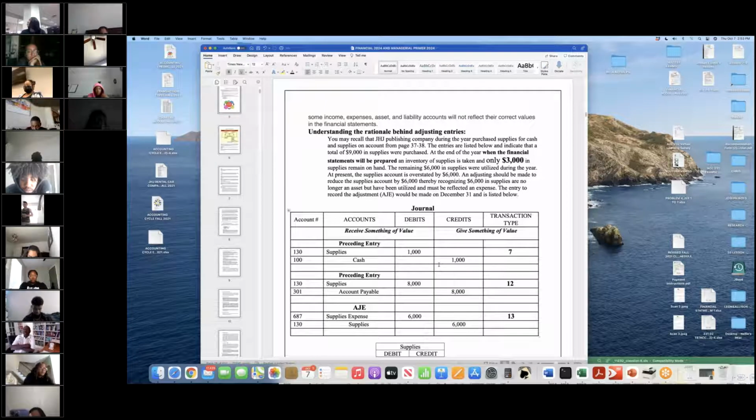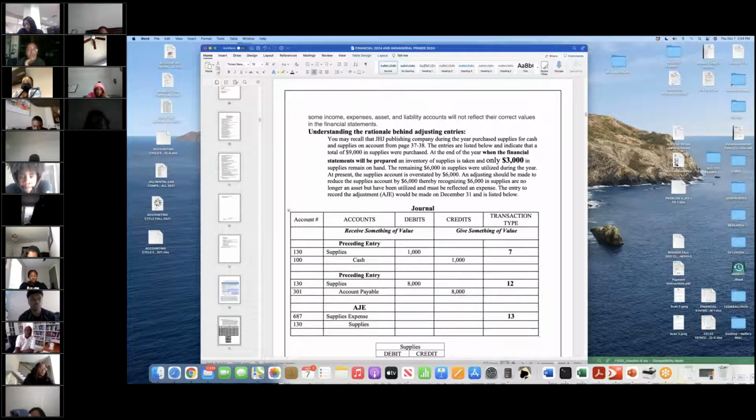Let's look at a simple example of the rationale behind adjusting entries. When we did our preliminary problem on pages 37 and 38 to learn about journal entries, we had a purchase of supplies for $1,000, debit supplies, credit cash.